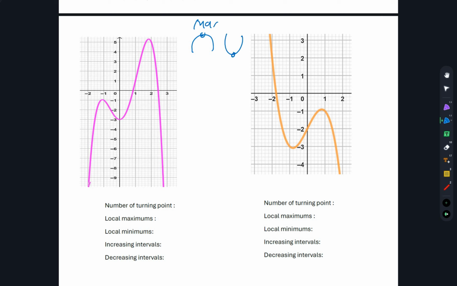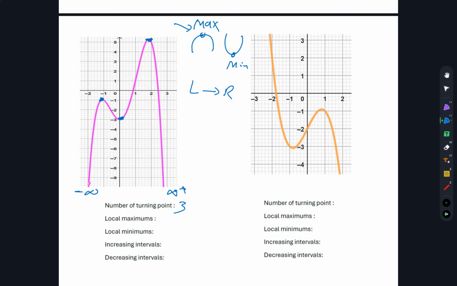We say this is max, this is min. Remember, from left to right the graph. From negative, this left, this is negative infinity, this is positive infinity. All right. So how many turning points do you see? 1, 2, 3. We have 3. Local max, how many do you see?